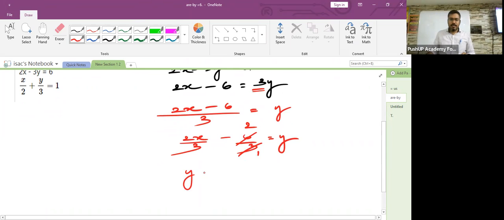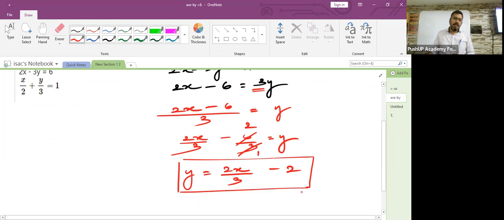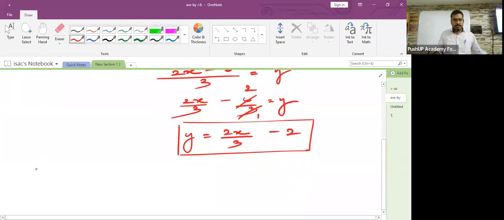So I would recommend you to write y on the left-hand side, and on the right-hand side, 2x by 3 minus 2. Y is equal to 2x by 3 minus 2. Got the equation? Now we will prepare the table, or the chart, for this. Okay. Let's do it.